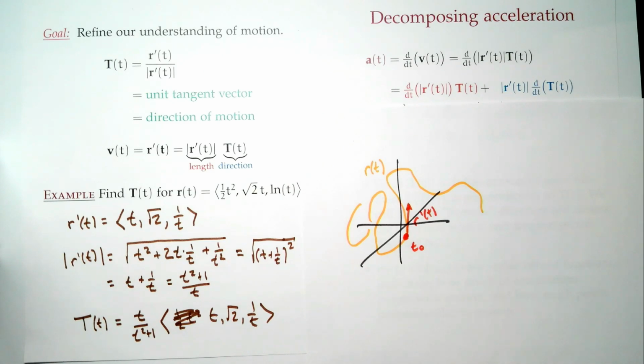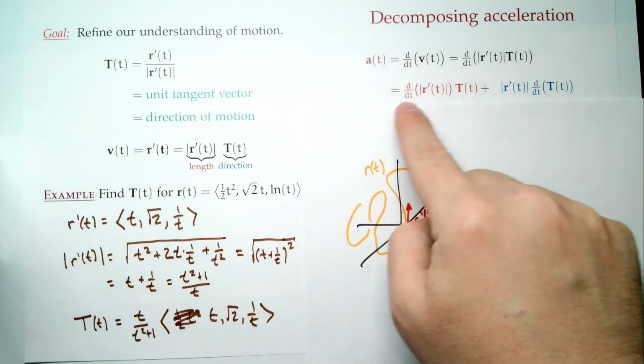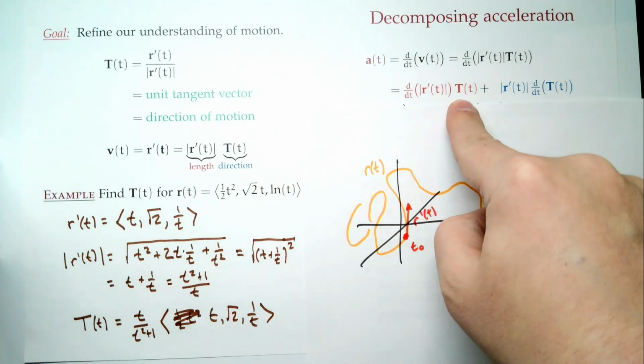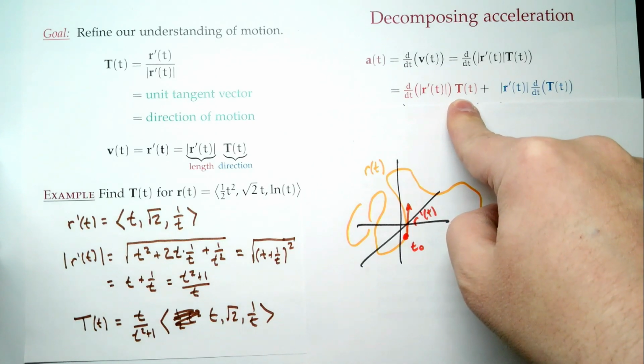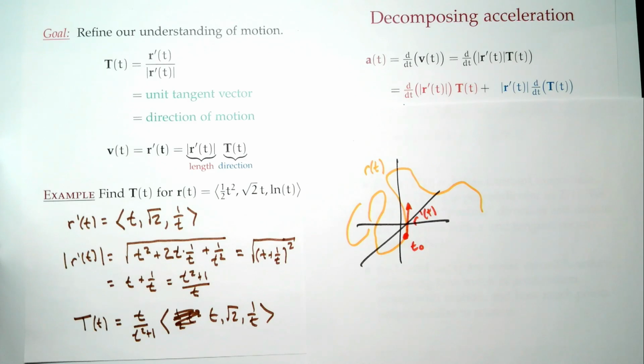Let's think about where they point. This first vector still has the same direction. It's the unit tangent vector. So where is it pointing? It's pointing on the tangent, yeah. And in particular, it's pointing where the particle is moving, so it's going with the motion.